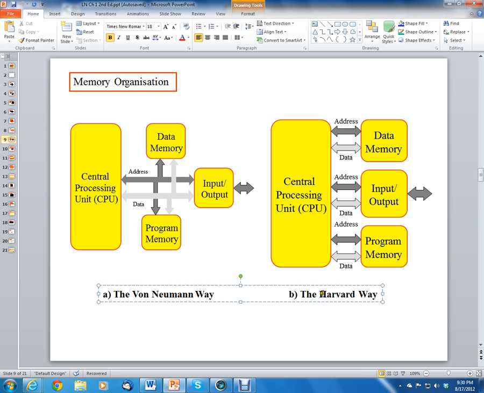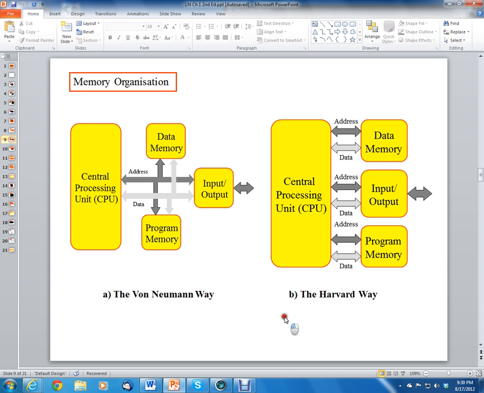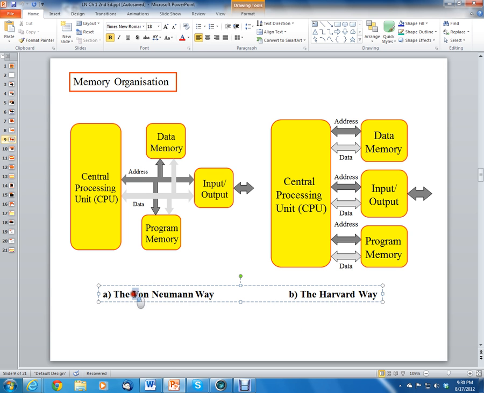Then we also have two different architectures: the von Neumann way and the Harvard way. And these are named by the people or the university that started them. So von Neumann was a man, and he said that you should have separate data and program memory. Or I'm sorry, you should have the same data and program memory. So you have one address bus, you have one data bus, okay?